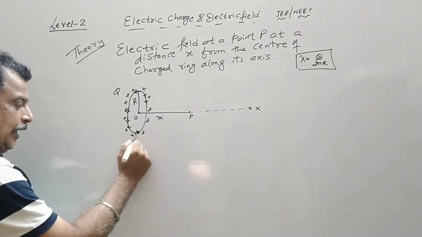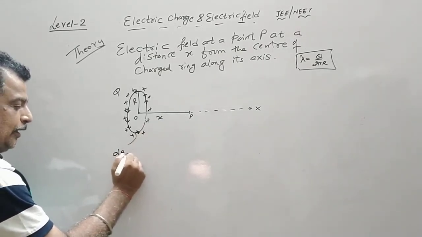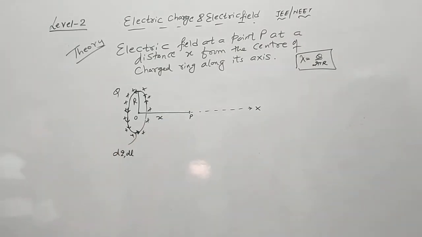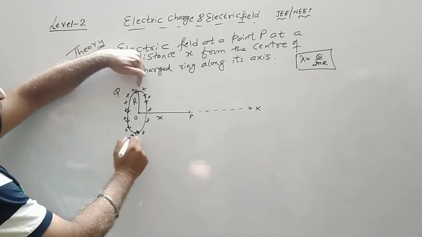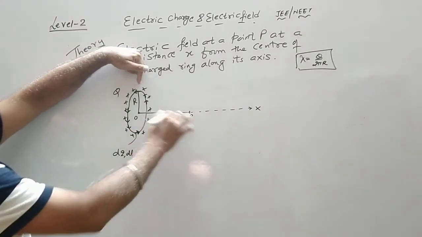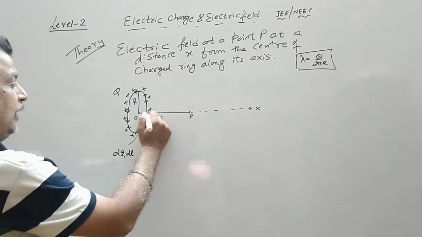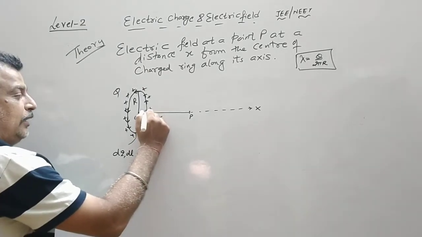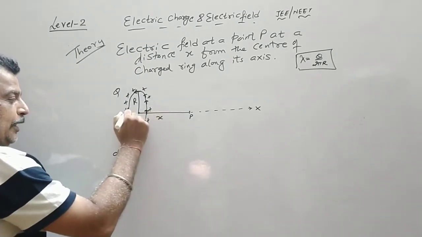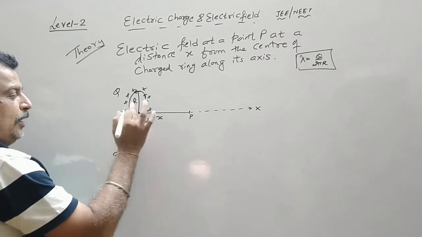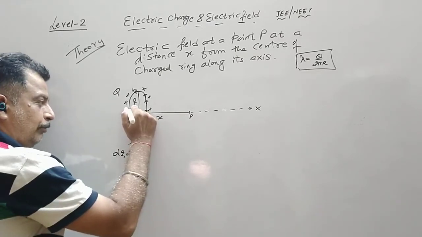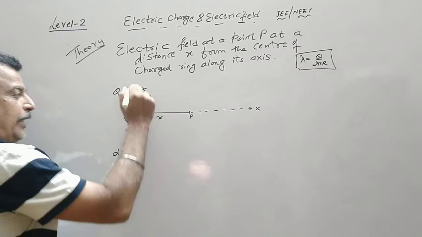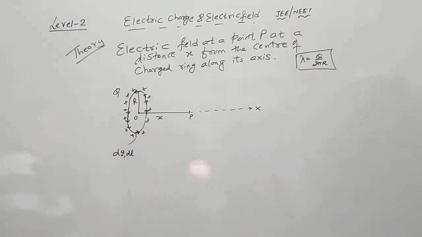So this is a line element, let the charge be dq and the length be dl. So we have taken two diametrically opposite elements. If I take these two elements, the geometry becomes easier. If I take the element at this point, the other element should be taken at this point, which is in the opposite direction. So we have to take diametrically opposite line elements.